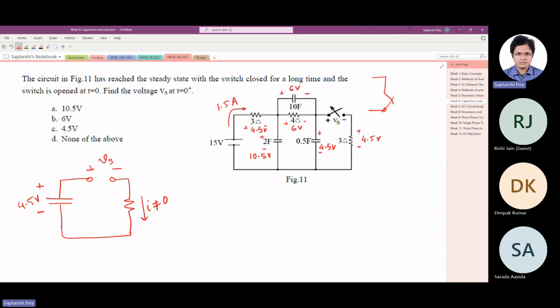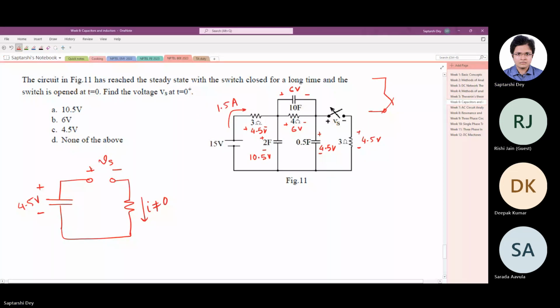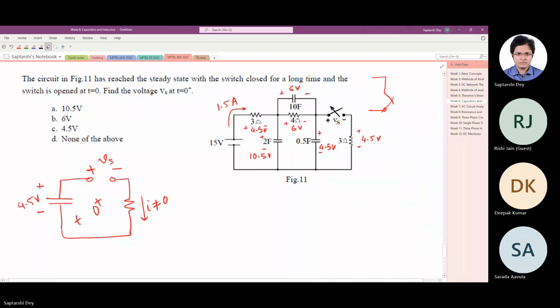But that takes time. Instantly after you turn on or open the switch, the capacitor cannot instantly discharge. So whatever voltage you had in the capacitor, you can say for t equals 0 plus, it will remain there. So for t tends to 0 plus only, we can write this equation.